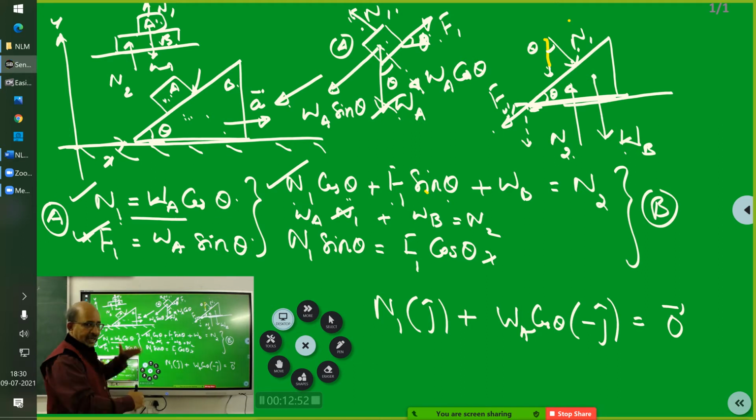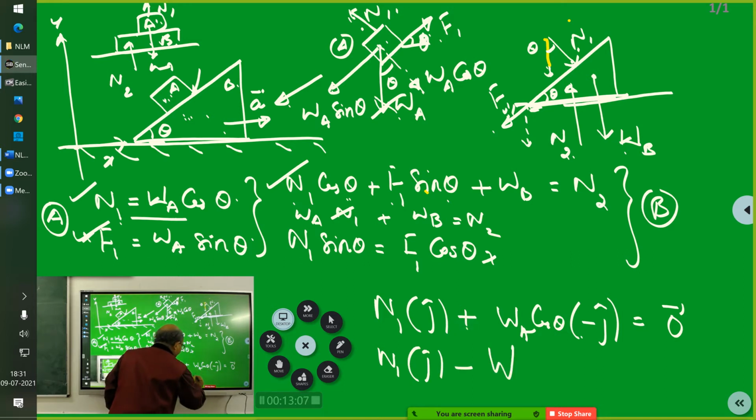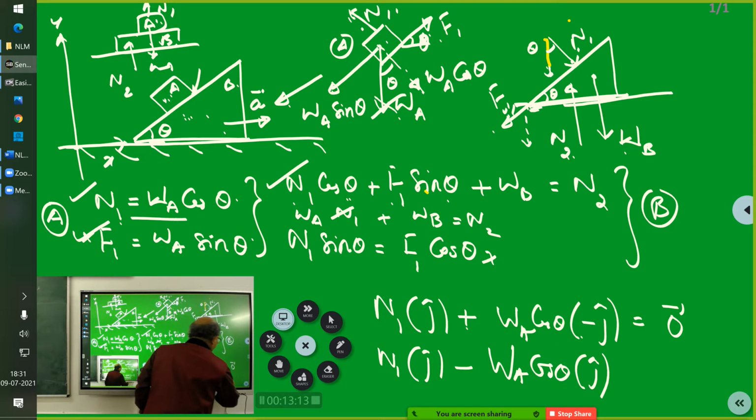That is how you have to understand how it is basically a vector equation, and how it gets converted to scalar. Now here this minus j, I will pull it outside, then this becomes minus. Then here I have to write WA cos theta plus j. And there is of course zero vector.